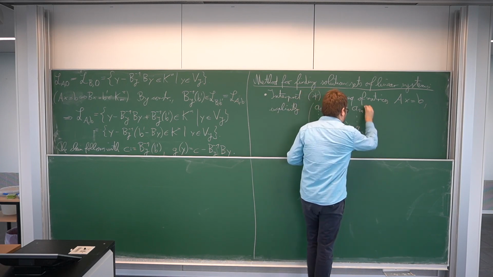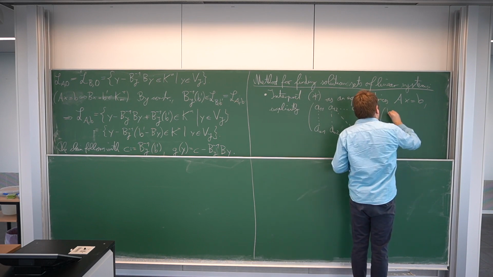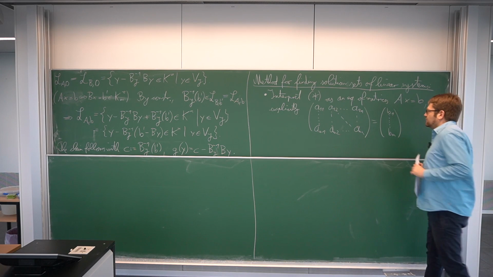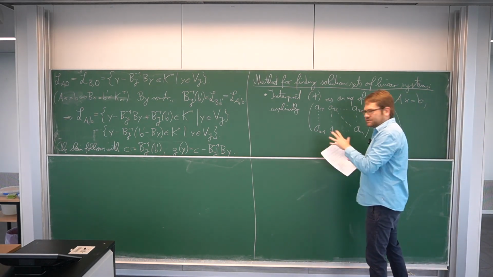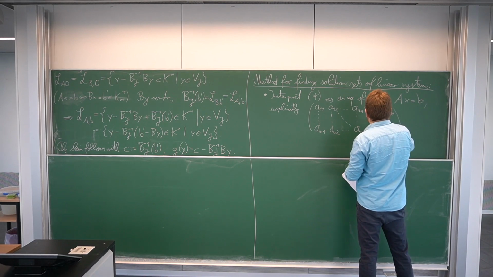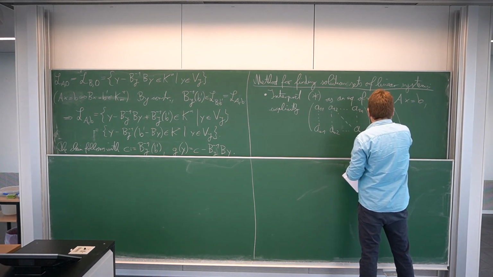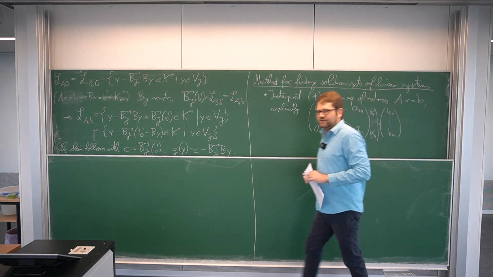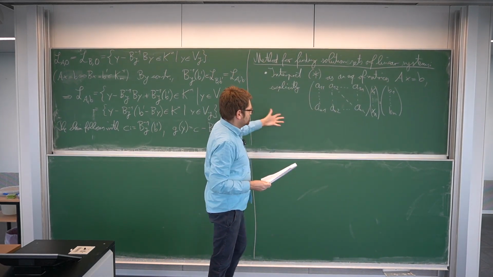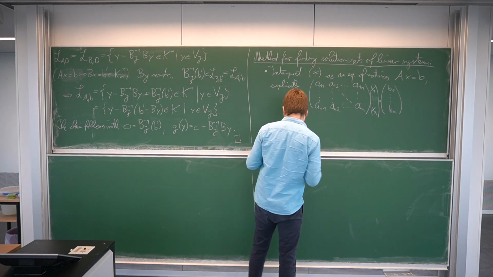This is equal to B1 to Bm, where all the quantities here are defined as in this system star. Oh sorry, the crucial part is missing, times x1 to xn. Of course, we need variables here. So this is now an equation of matrices.